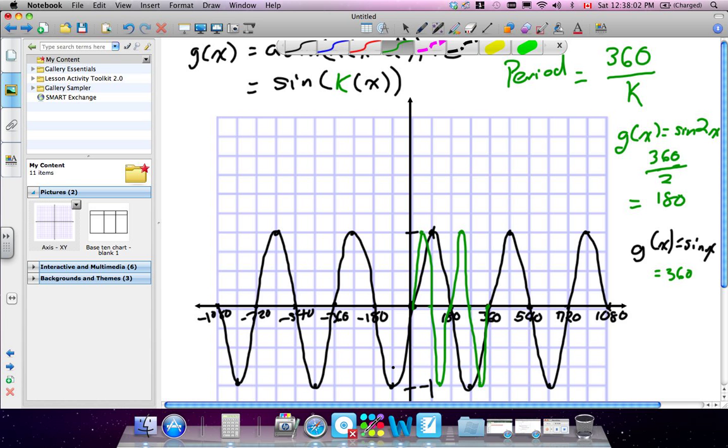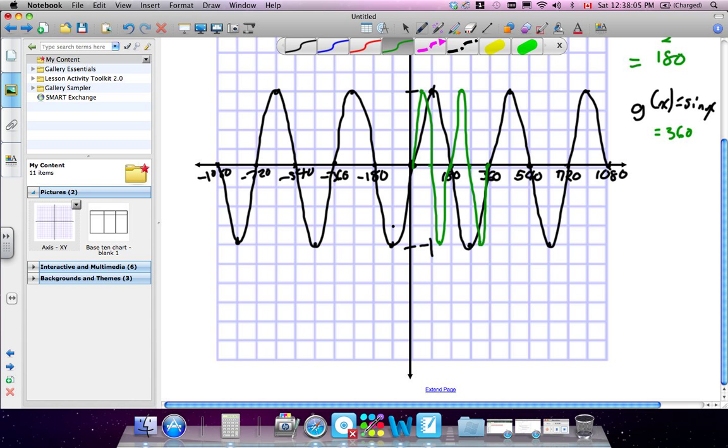Let's do another period. Another period, let's do g of x equals sine of a half x, okay? Sine of 1/2 of x. Complete opposite.